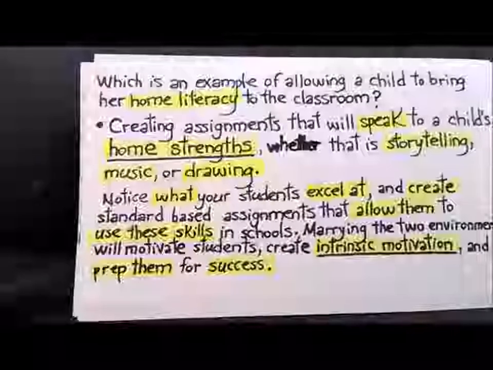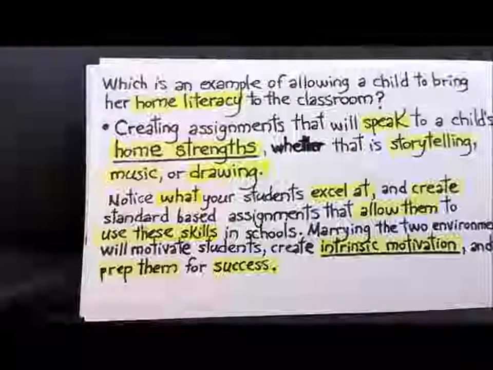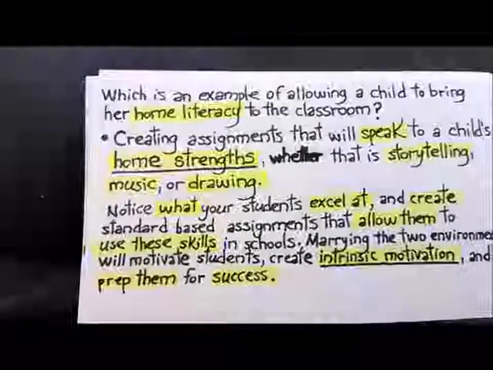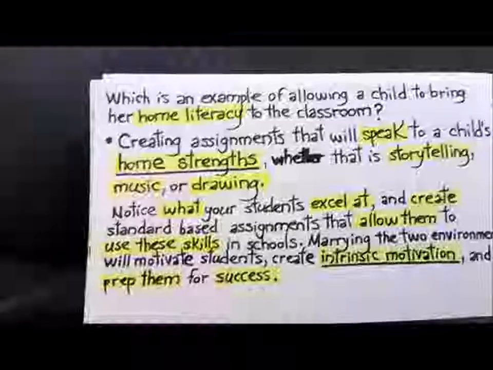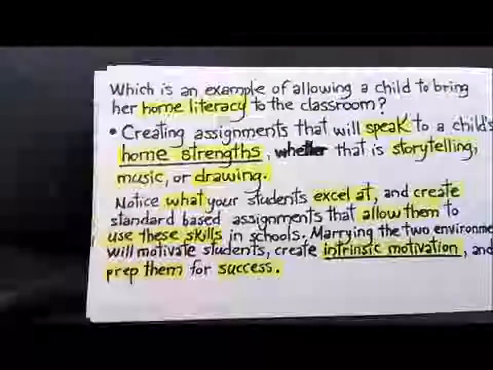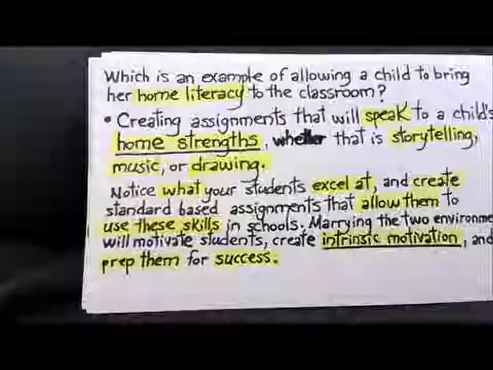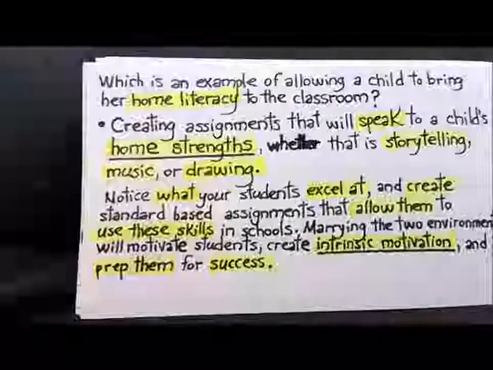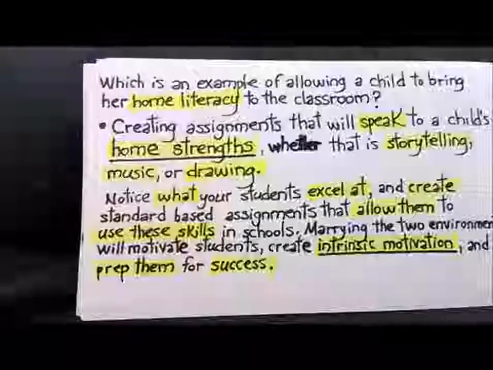Which is an example of allowing a child to bring her home literacy to the classroom? Creating assignments that will speak to a child's home strength, whether that is storytelling, music, or drawing. Notice what your students excel at and create standard-based assignments that allow them to use these skills in school.